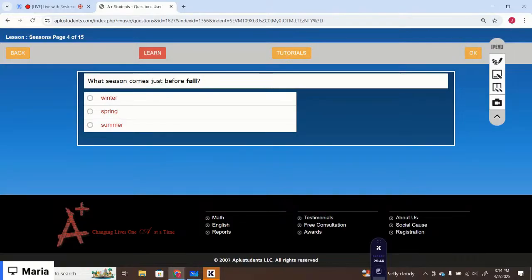What season comes just before fall? So which is the correct option? Just before fall, it is summer.